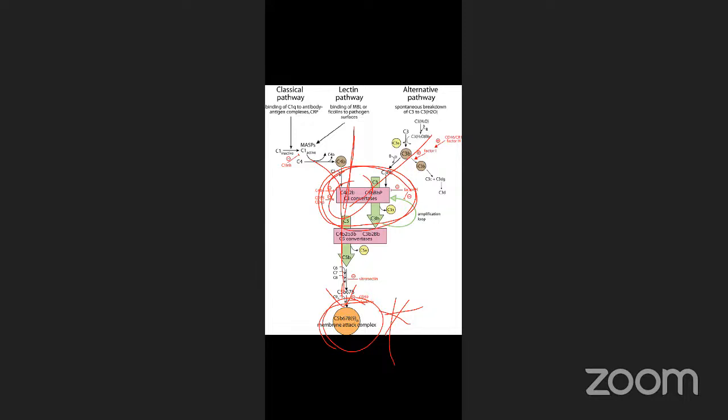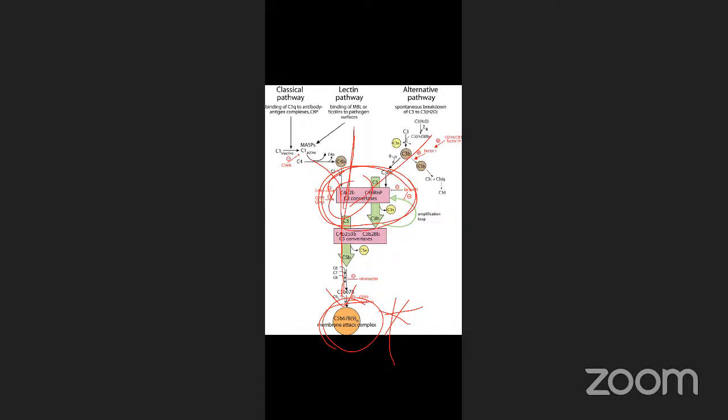In the first pathway, antigen antibody facilitates the formation of the C3 convertase, and in the second pathway, binding of MBL. MBL means mannan binding lectin, a carbohydrate molecule on the target cell surface. The target means an infected cell or pathogen.